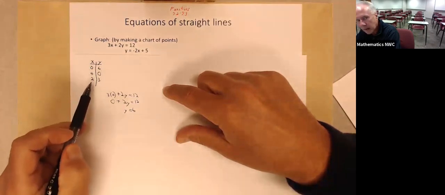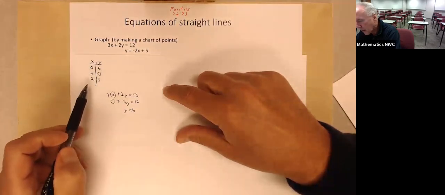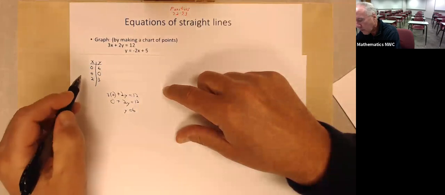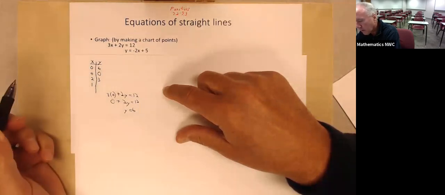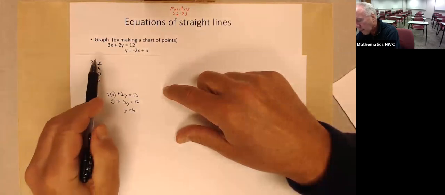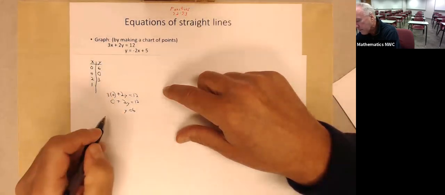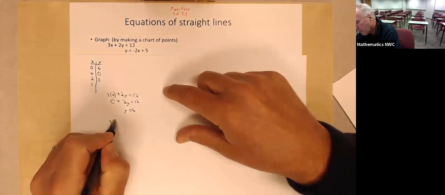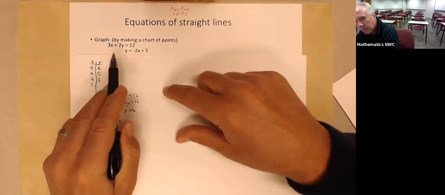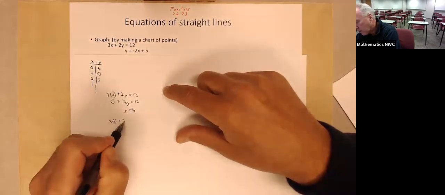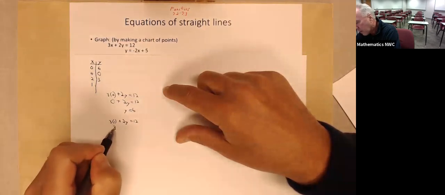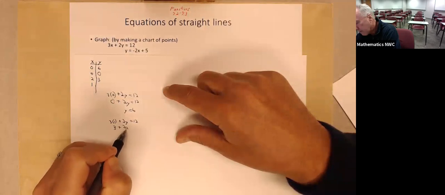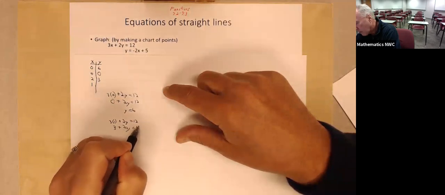All of these points happen to be nice integers. However, sometimes it won't be a nice integer. If, for example, I had chosen the point 1 for X, I would have had 3 times 1 plus 2y equals 12. That would have given me 3 plus 2y to equal 12.